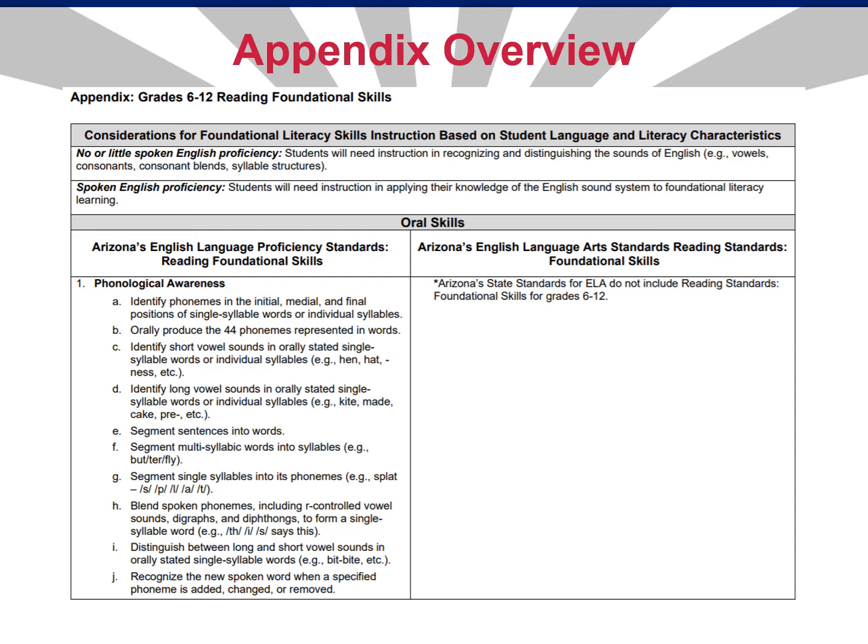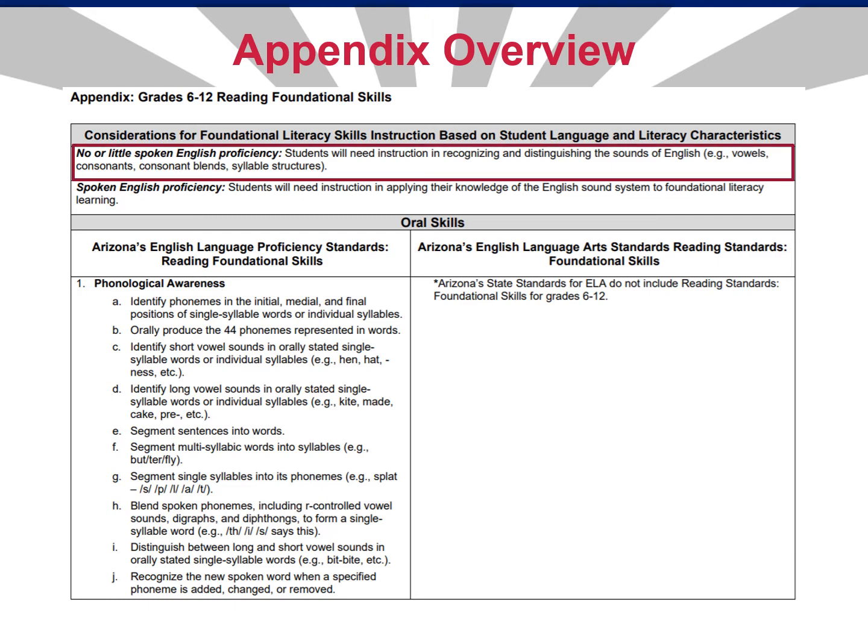To help address this potential need within language development instruction, OELAS has included the foundational skills as an appendix resource. It is important to remember that because these skills are not explicitly taught at this level, they will not be assessed on the new OELA.